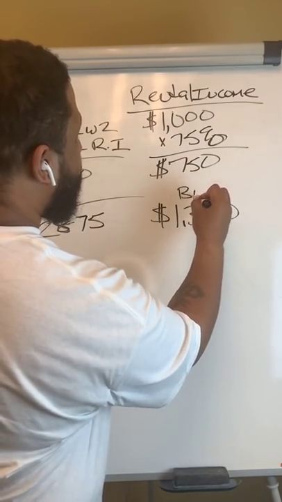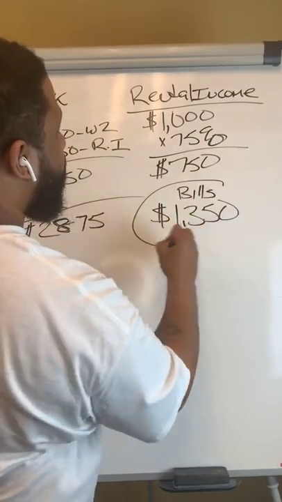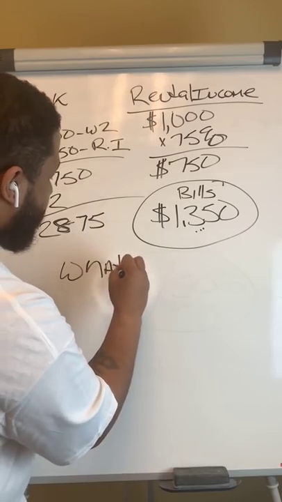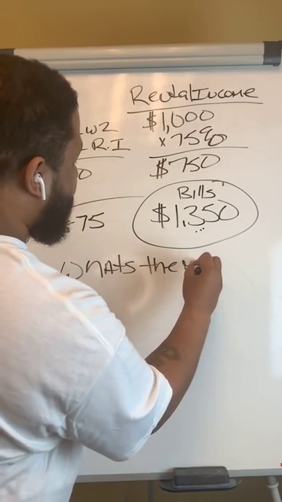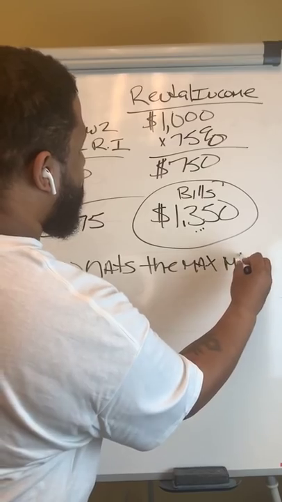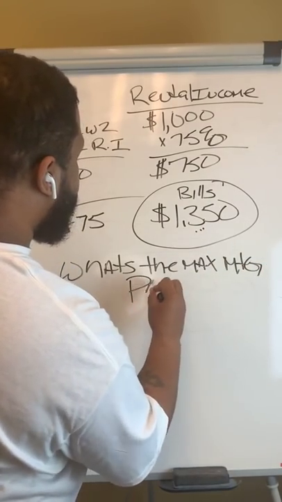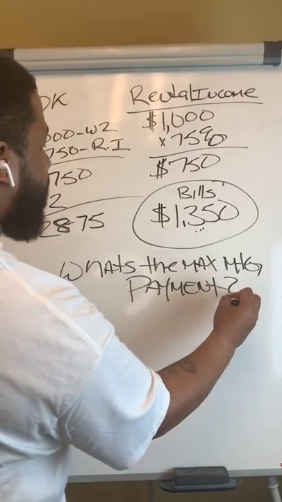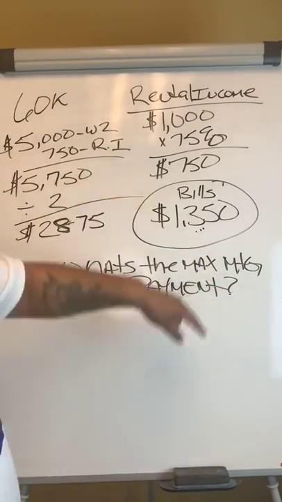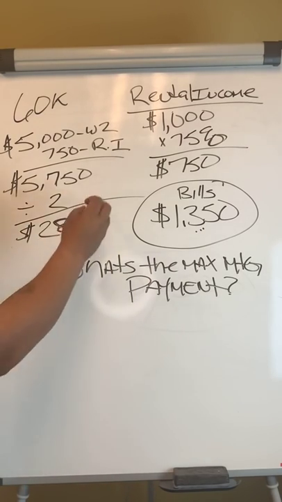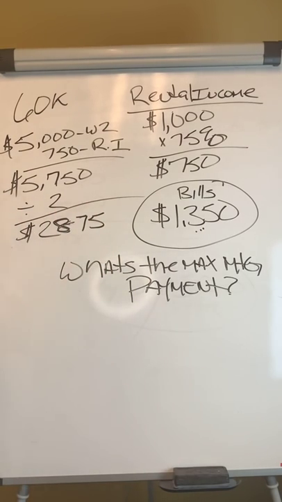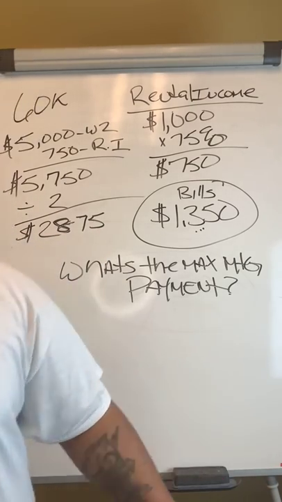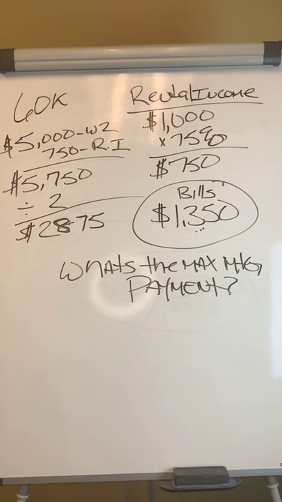So if your bills that are reported on your credit report are $1,350 a month, what's the max mortgage payment, guys? What's the max mortgage payment? Put it in the comments. If your bills come up to $1,350 a month, you have income of $2,875. That's your 50%. So what's the max your mortgage payment could be? Put it in the comments.